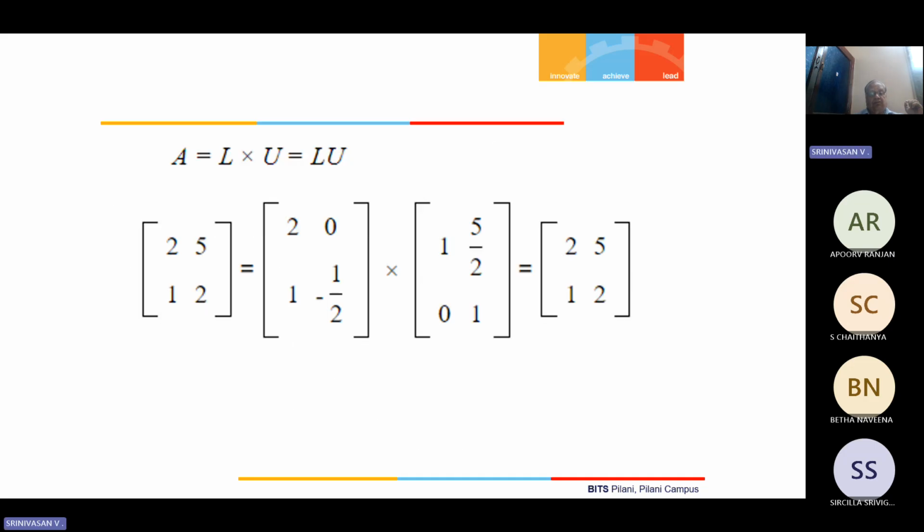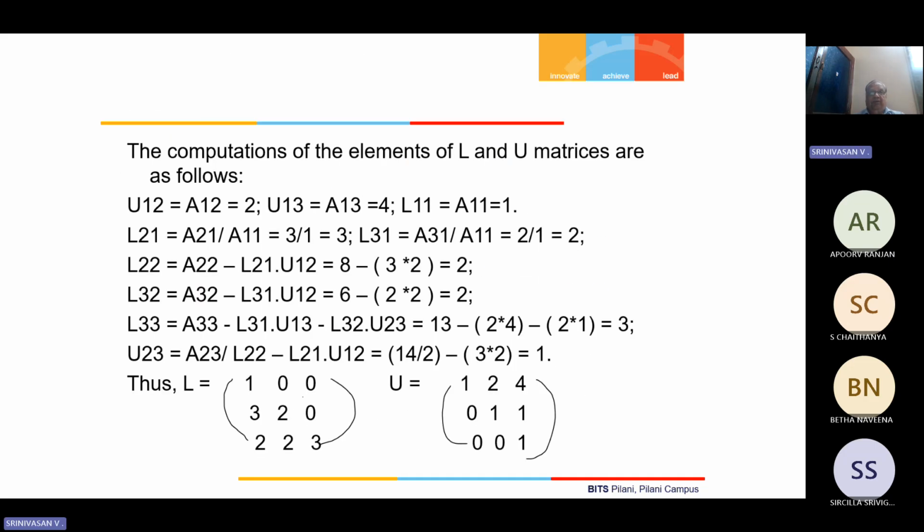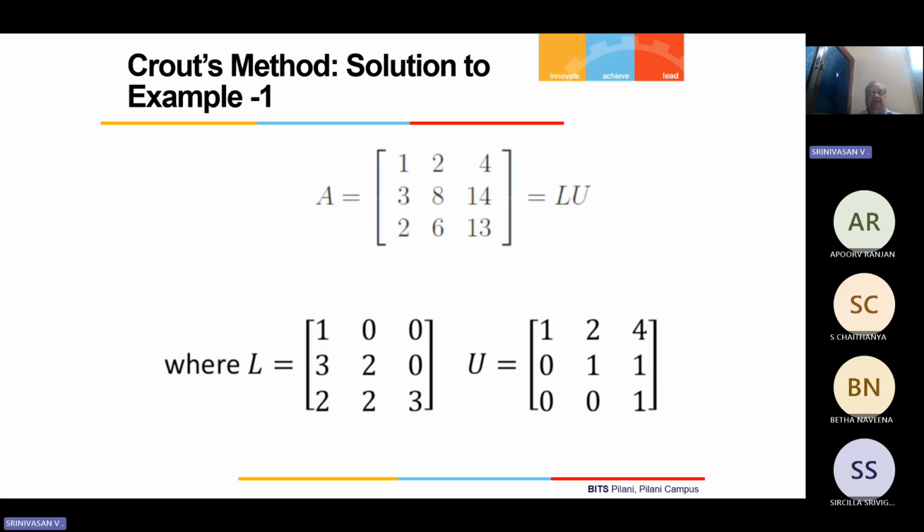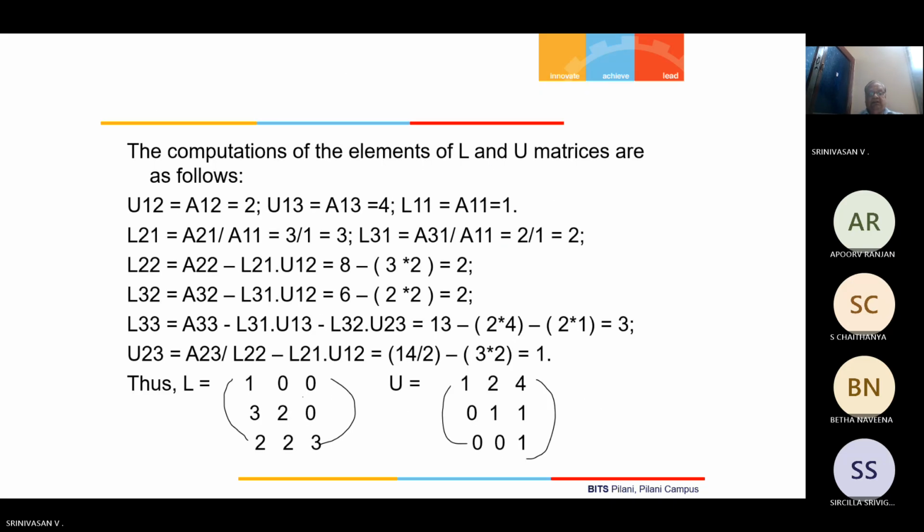This is the Crout formula, so you can remember it this way straight away. What is A33? It is 13. So 13 minus L31, which is 2, into U13, which is 4, minus L32, which is 2, into U23.